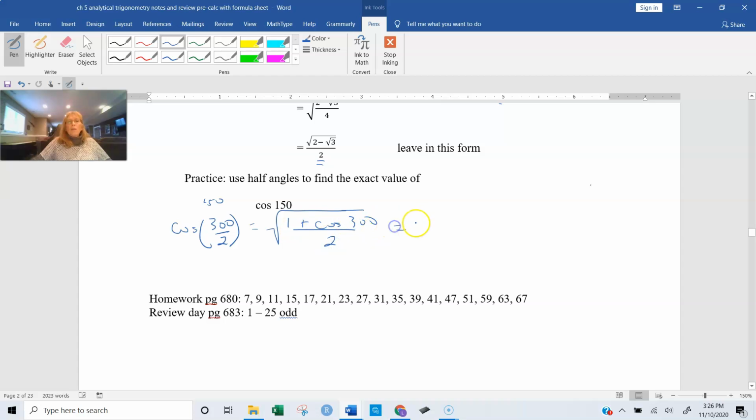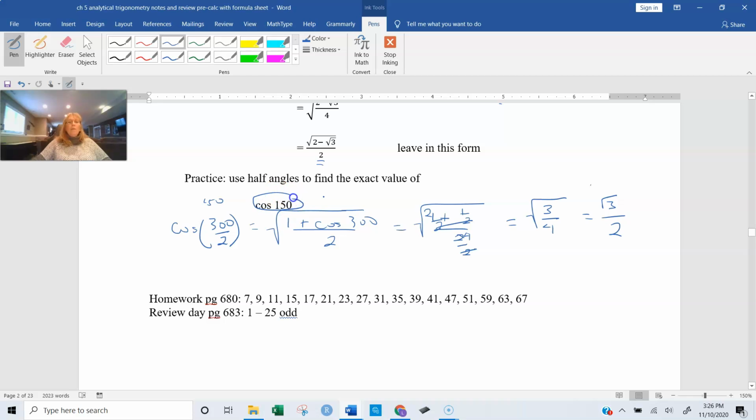I know the cosine of 300 is 1/2, so 1 plus 1/2 over 2. Let's get some common denominators here. So this is 2 over 2, and this would become 3 over 2, and we are left with the square root of 3 over 4, which is the square root of 3 over 2.